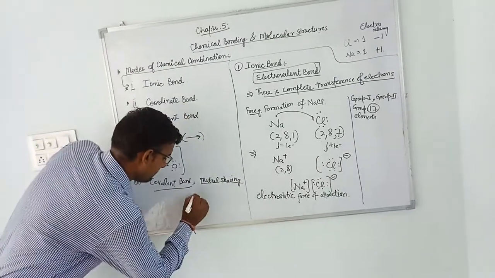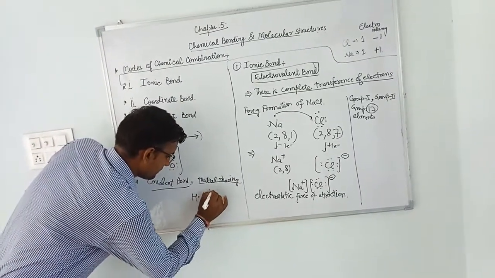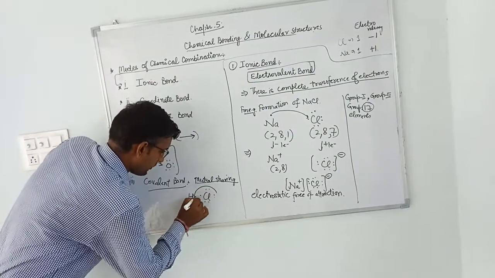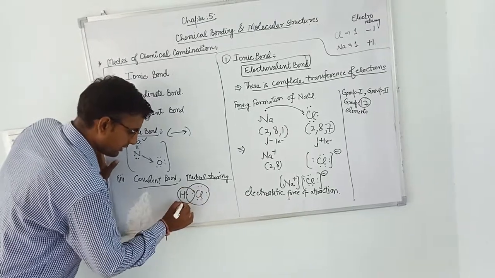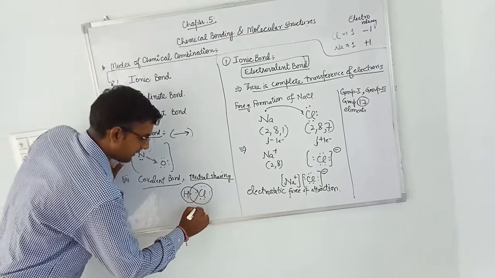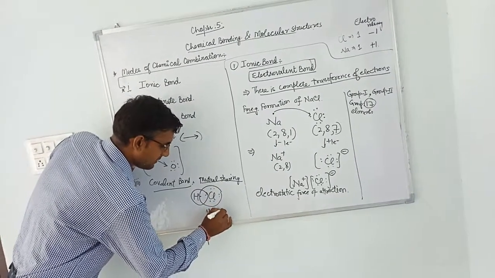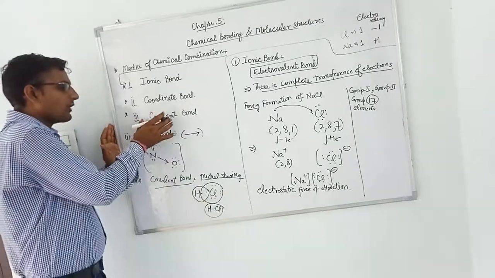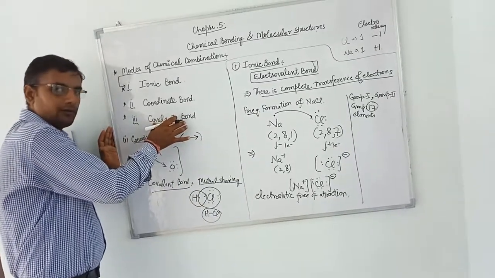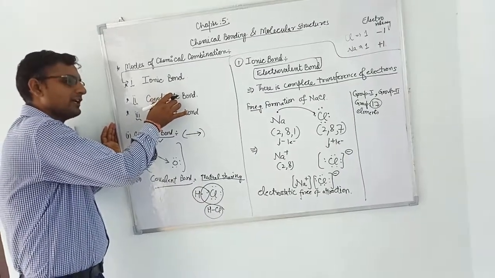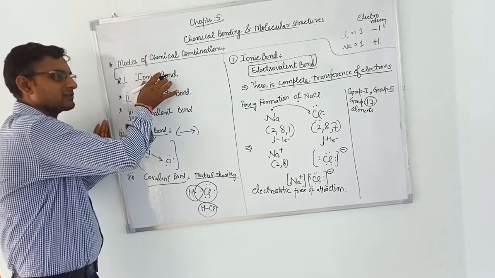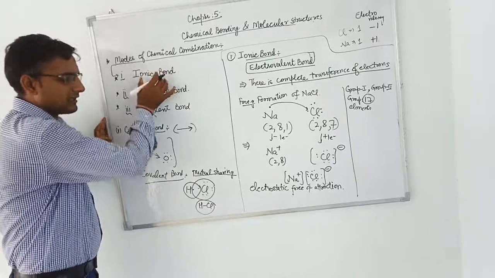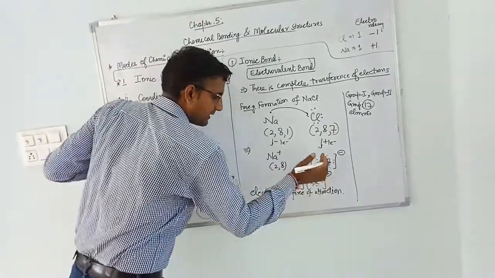Say in HCl, chlorine shares an electron of the H, and H shares an electron of the chlorine. Its doublet is complete, its octet is complete, and it is represented as HCl. So the sharing bond is called a covalent bond. In the coordinate bond it is also shared but donated by only one atom. In the ionic bond there is no sharing, there is complete transference of electrons that results in positive and negative charges.